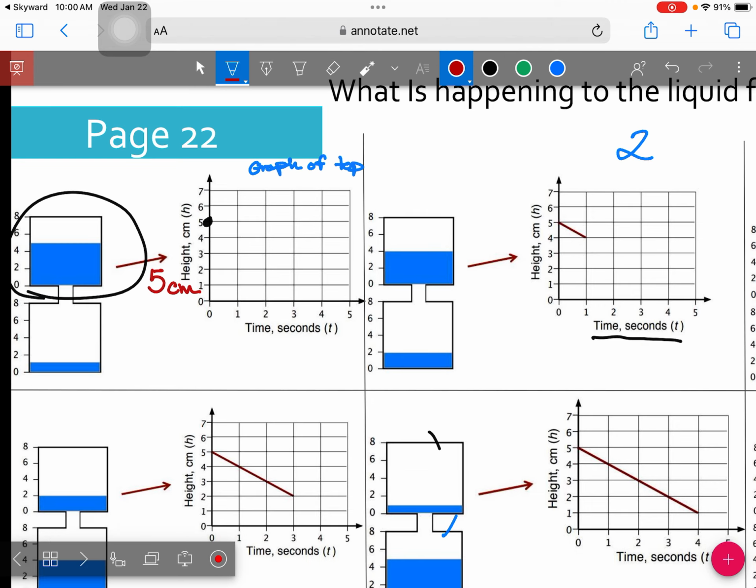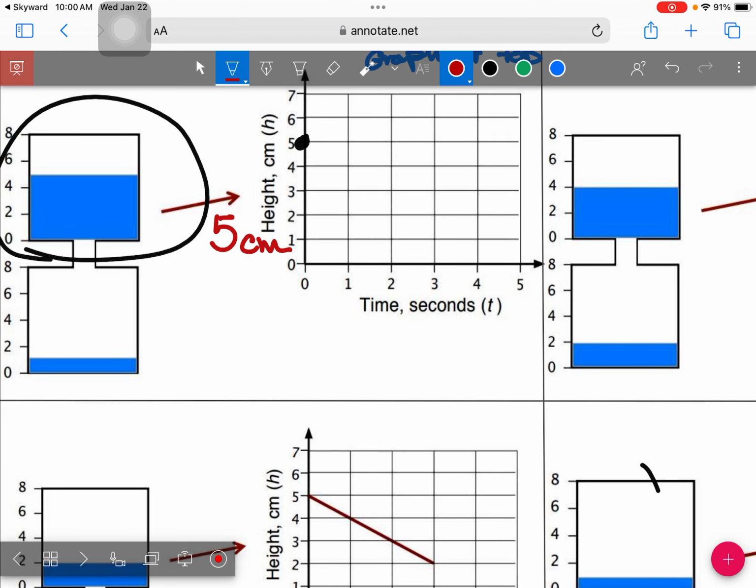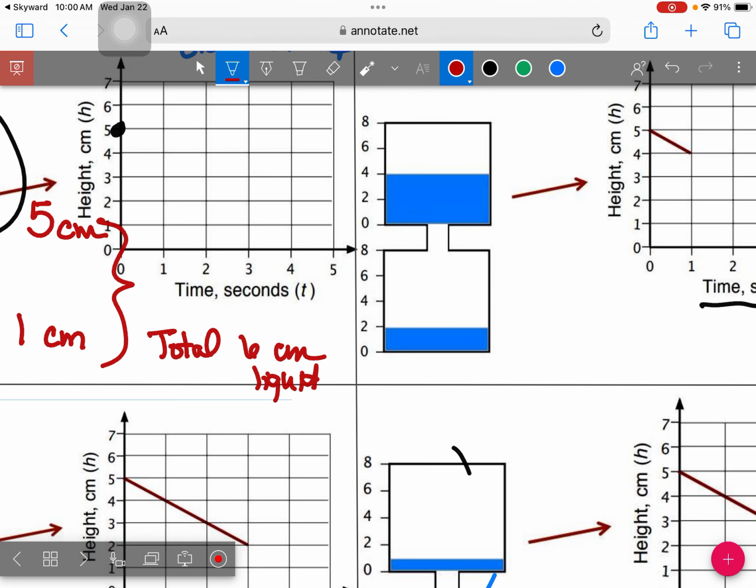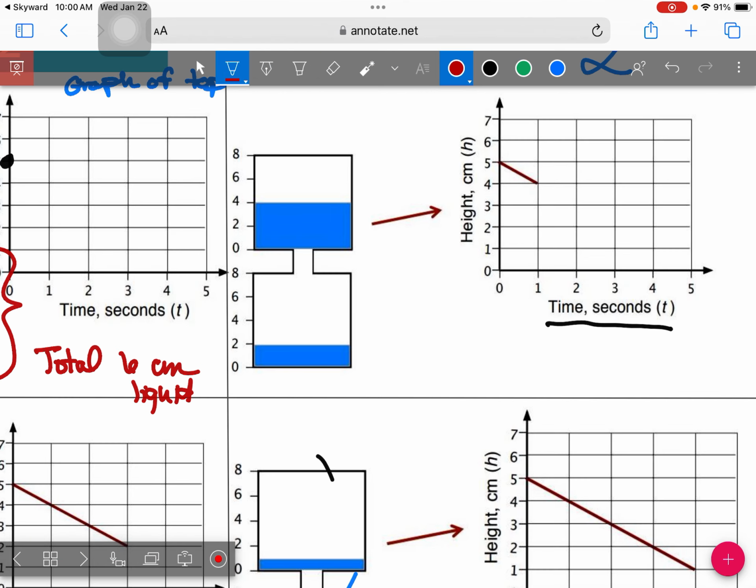How much was already in the bottom container? 1. So how many centimeters of water do I need to have at all times? Yes. You will have a total of 6 centimeters of liquid. Okay? 6 centimeters of liquid.